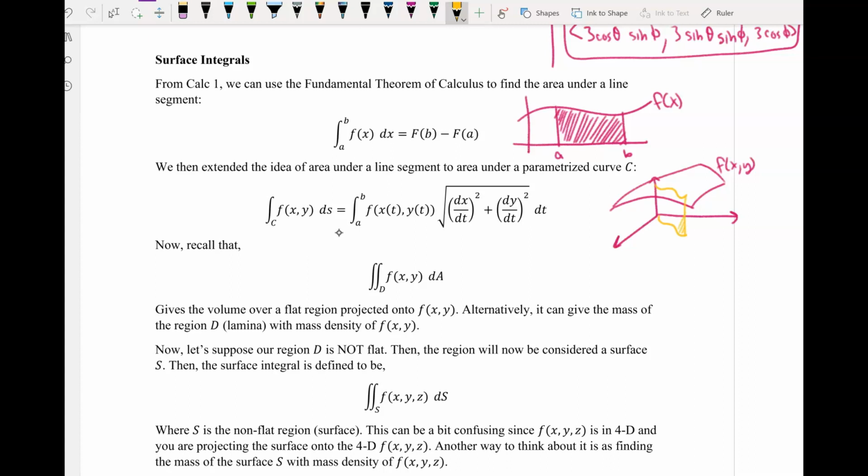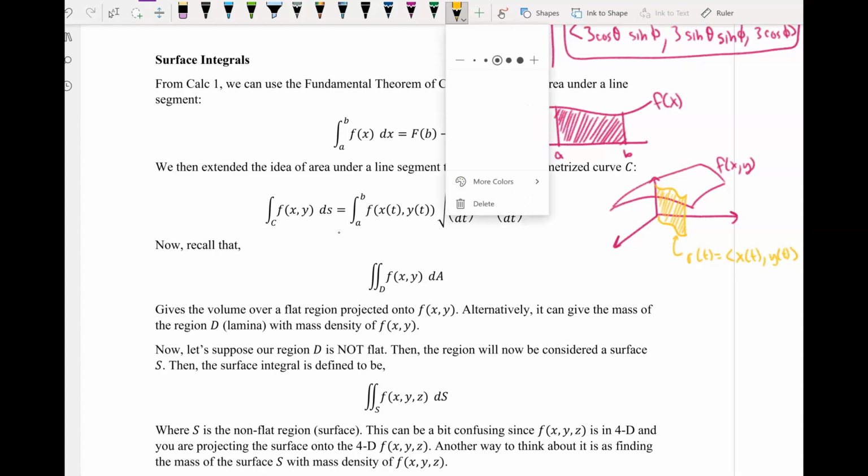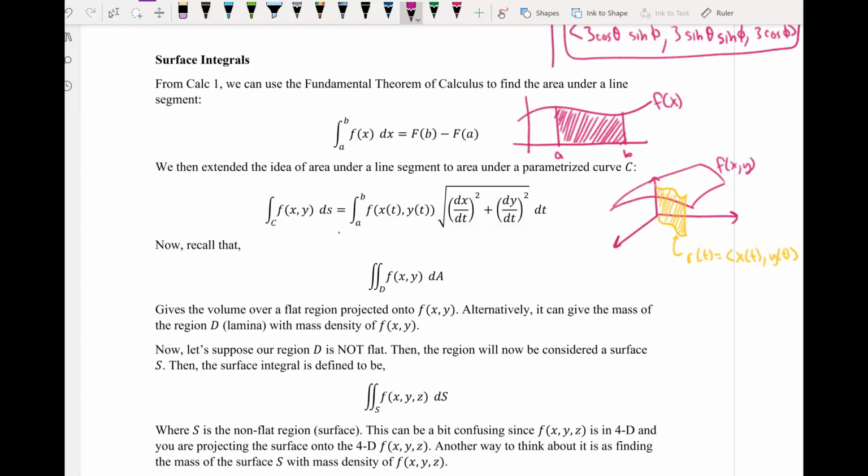So if you have a parametrized curve, so this function right here is a parametrized curve r of t, and it follows parametric equations x of t and y of t, then I can easily find that particular area using this formula, the line integral over this particular curve c. Okay, using this monster of a formula.